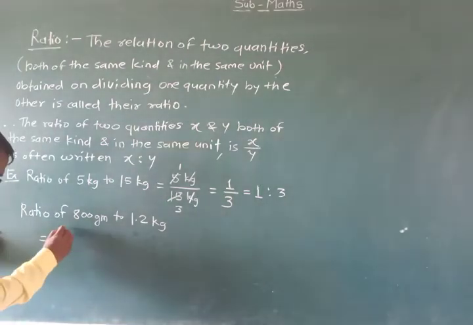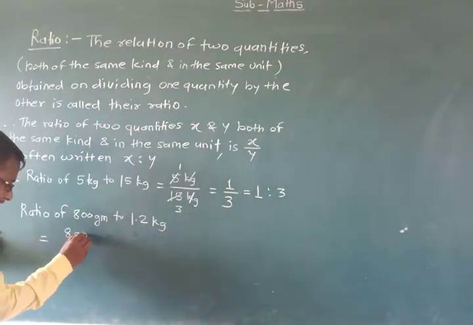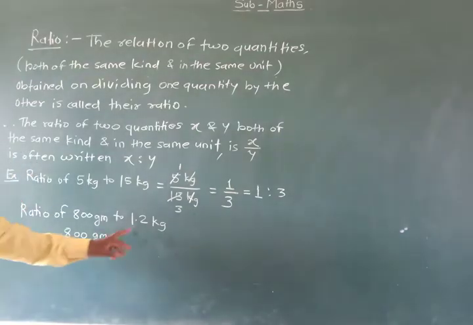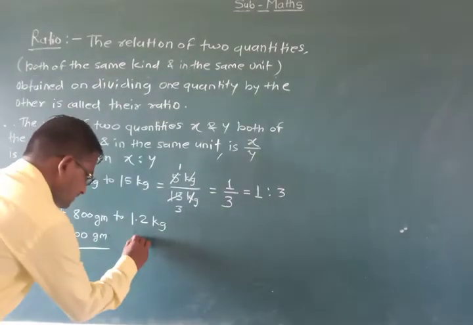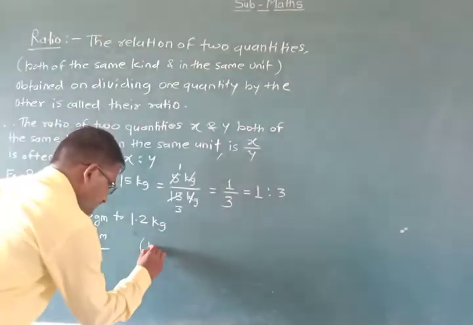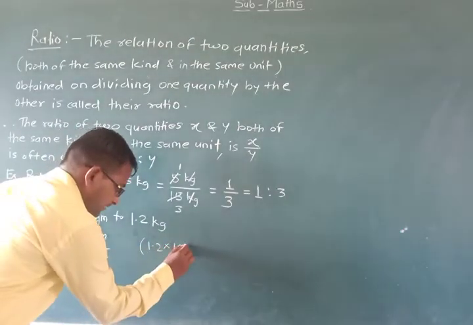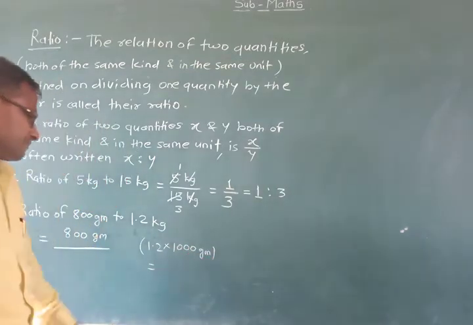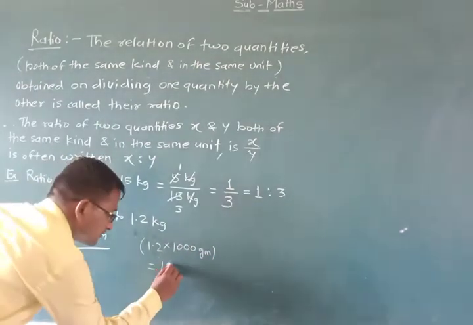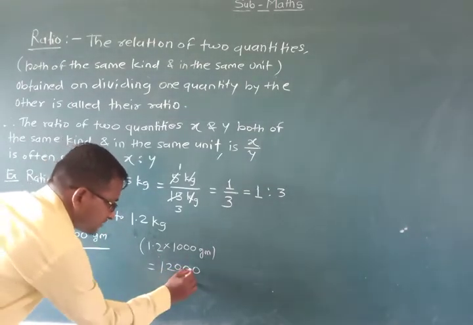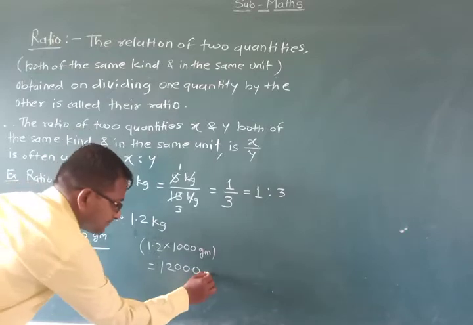So 800 gram is written in the numerator, divided by 1.2 kg. 1.2 multiplied by 1000 gram is equal to 12,000, and with the decimal point after 1 digit, so 1200 grams.